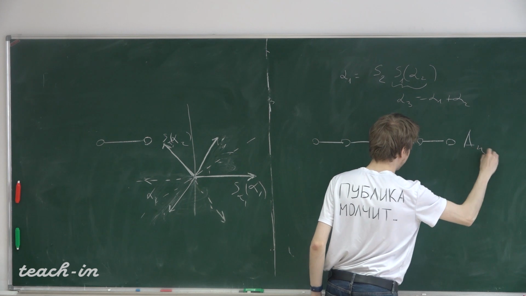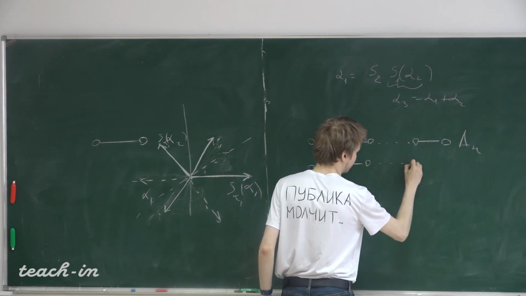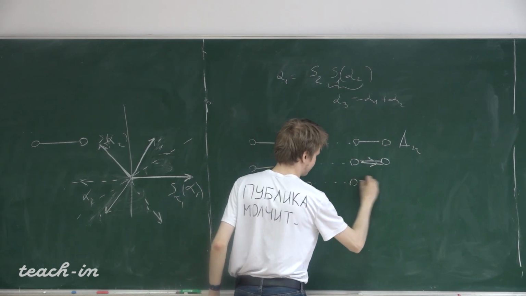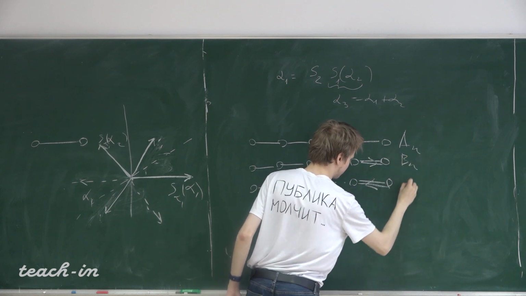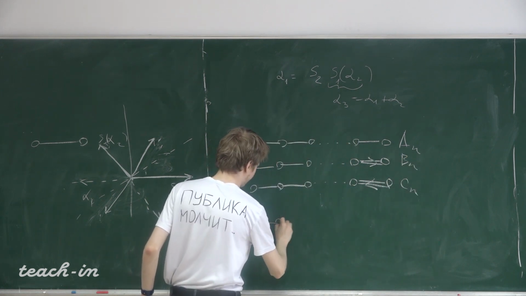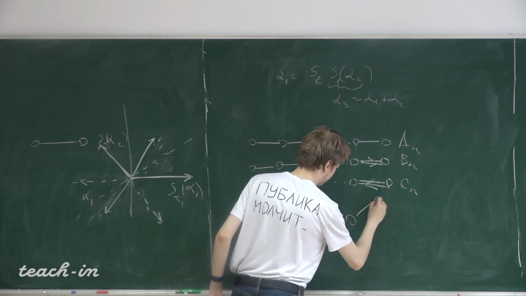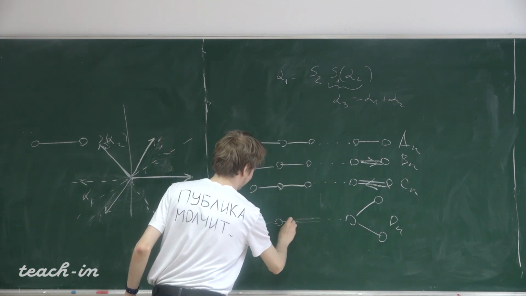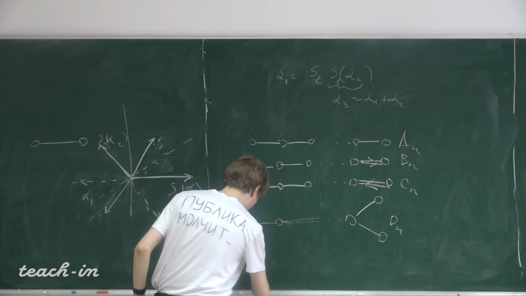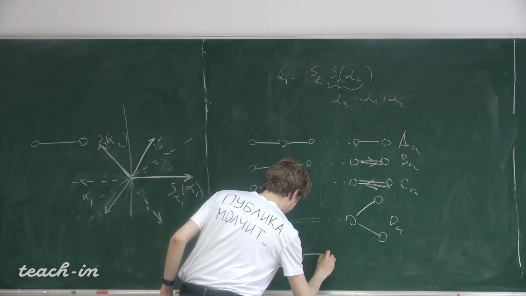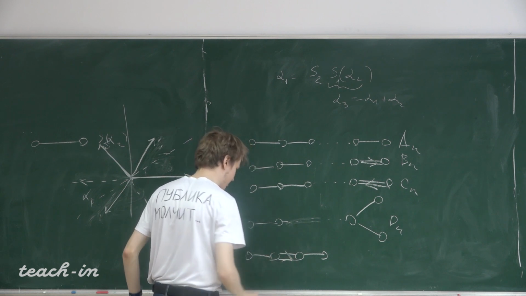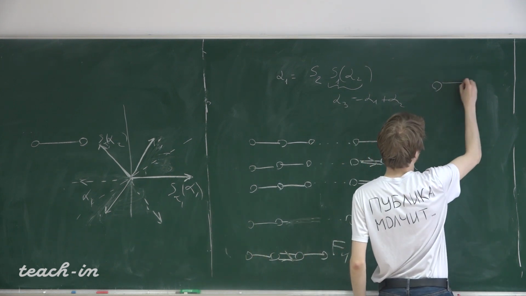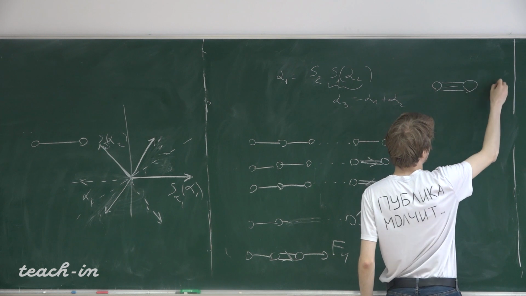There is A(n), there is Bn, there is Cn, there is Dn. There is F4, if I remember correctly. And there is G2.